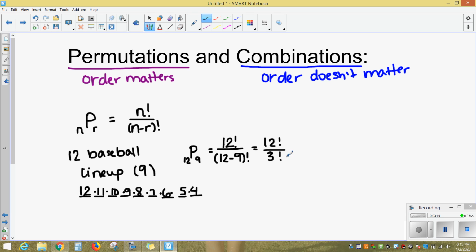Because if I get to the 3, 2, 1, 12 factorial would be this. On the bottom, I would have 3 factorial, which is this, and those guys are gone. And so we have that string of numbers, which is a really big number. That's a whole lot of options that I have.